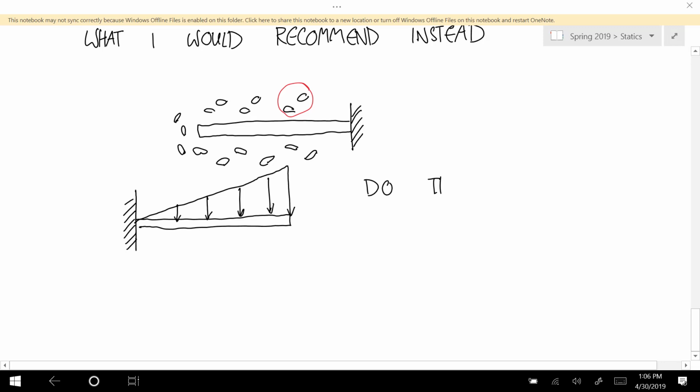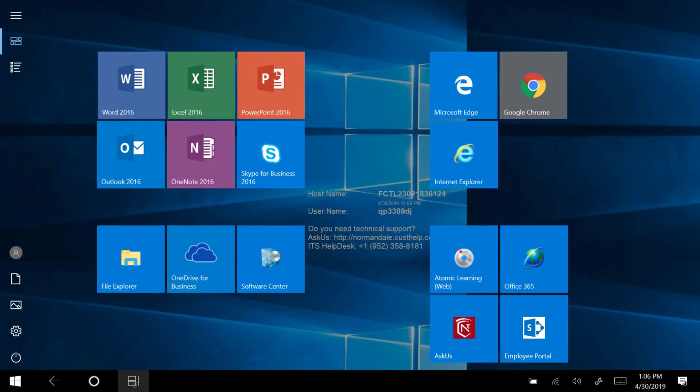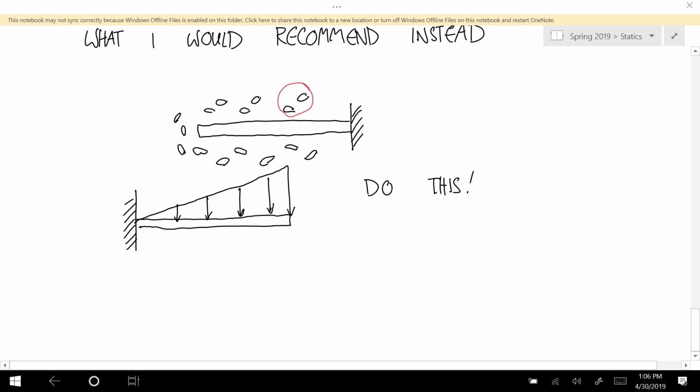So you're going to walk to the other side of the beam. And now it's easy to solve.